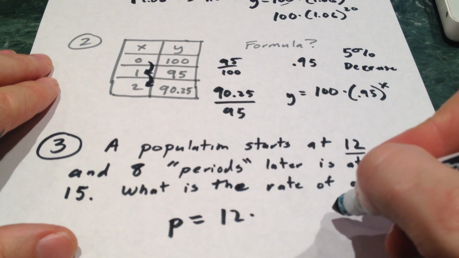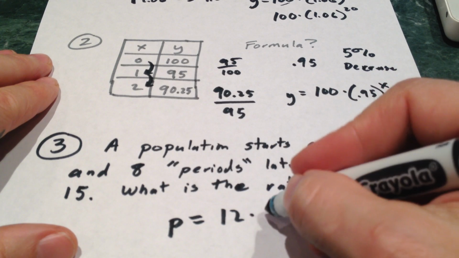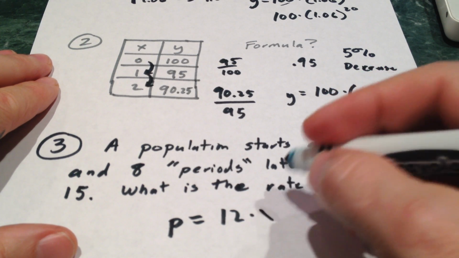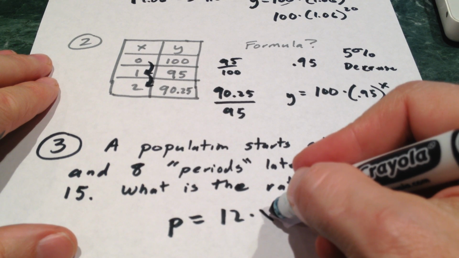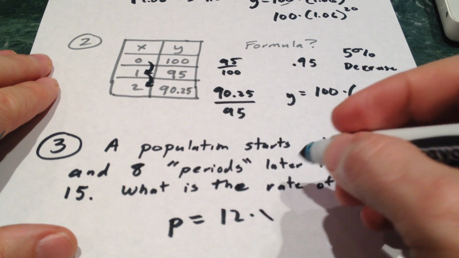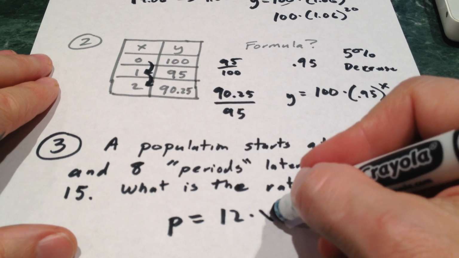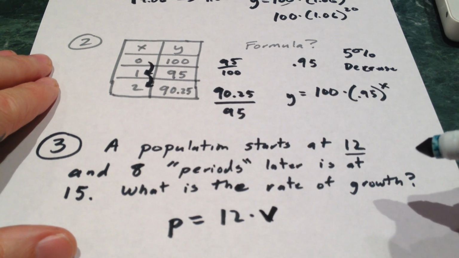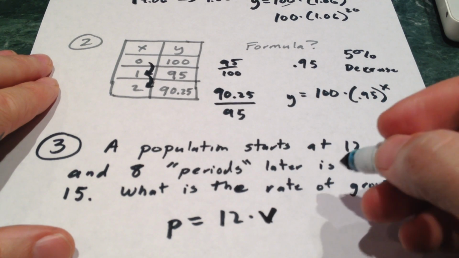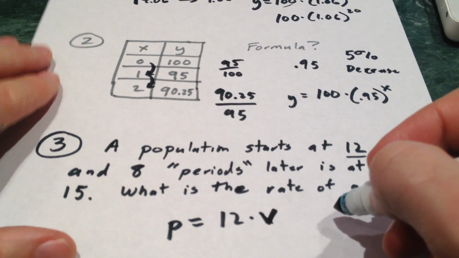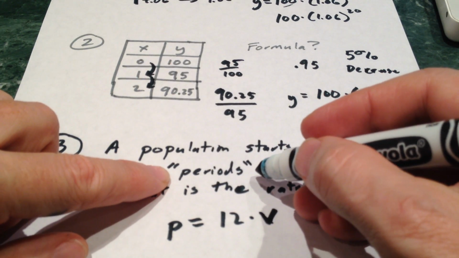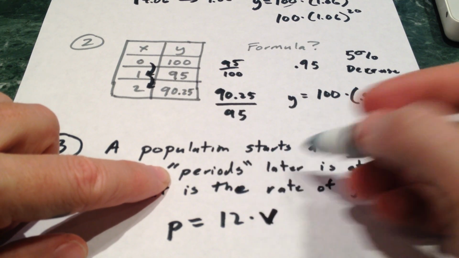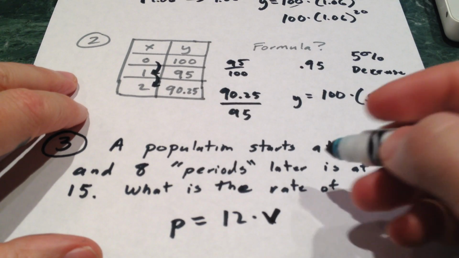I've got some rate, and I don't want to call it X. Let's call it V, for no particular reason except I had a slash there. And 8 periods. I'm saying periods because this could be days, weeks, months, number of times something happens.